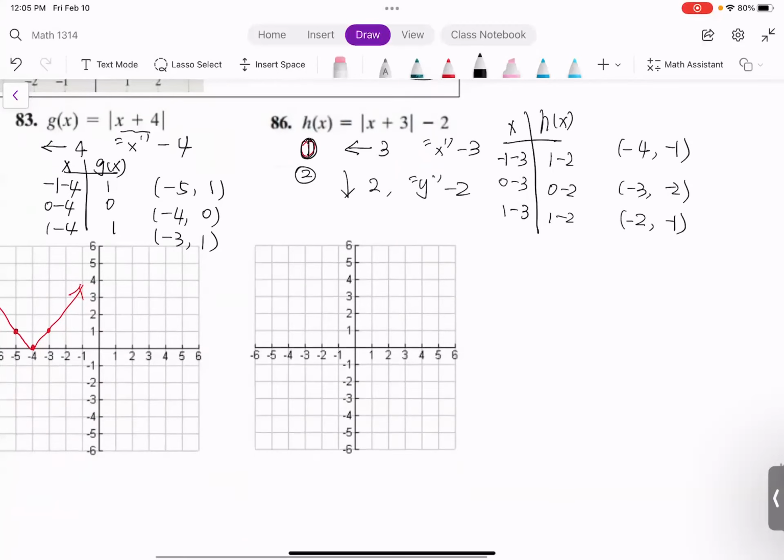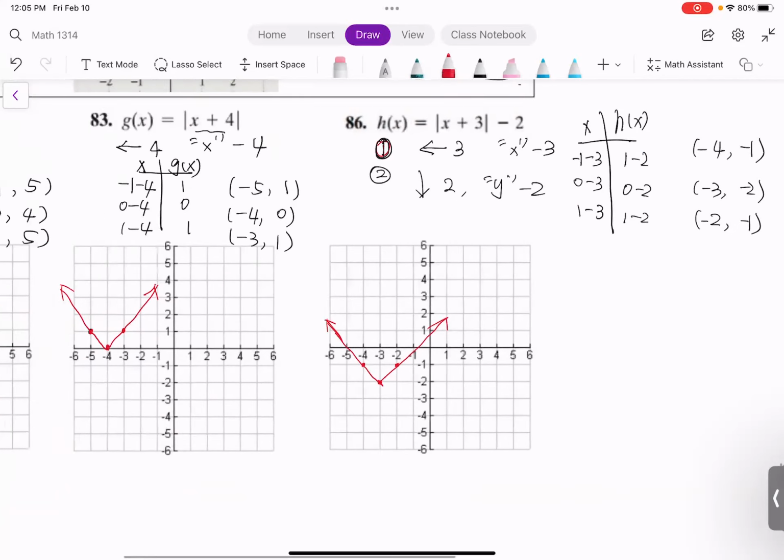Let's plot the 3 key points on the graph. -4, -1 here, and -3, -2, and -2, -1. Okay, we have 3 key points. Okay, we found the graph.